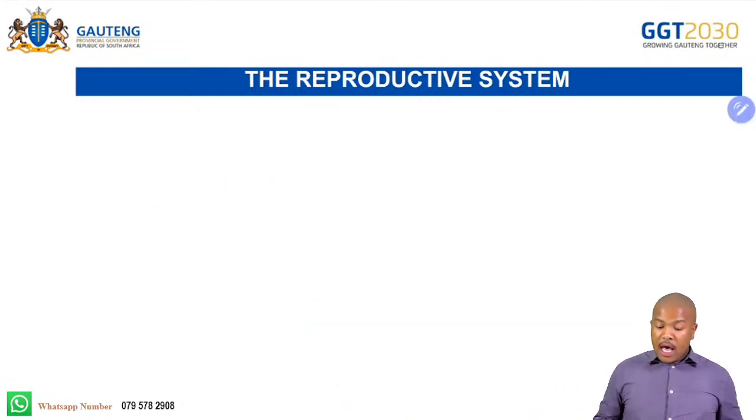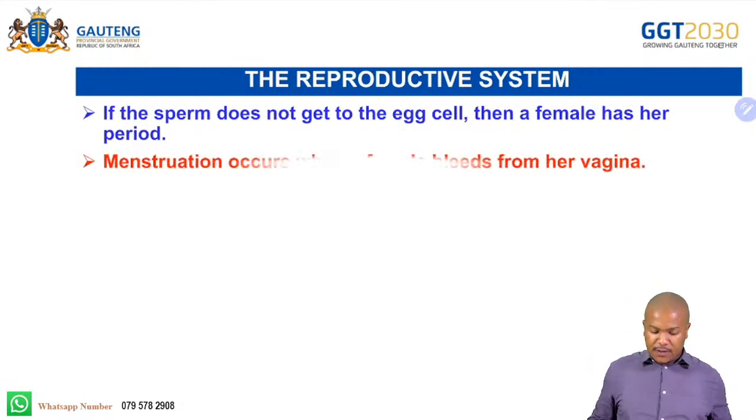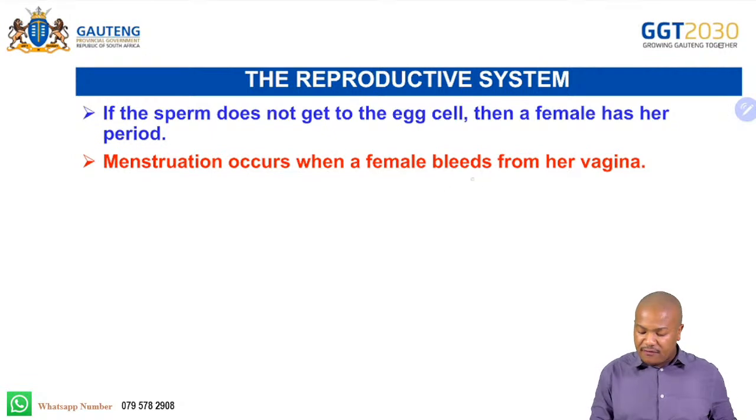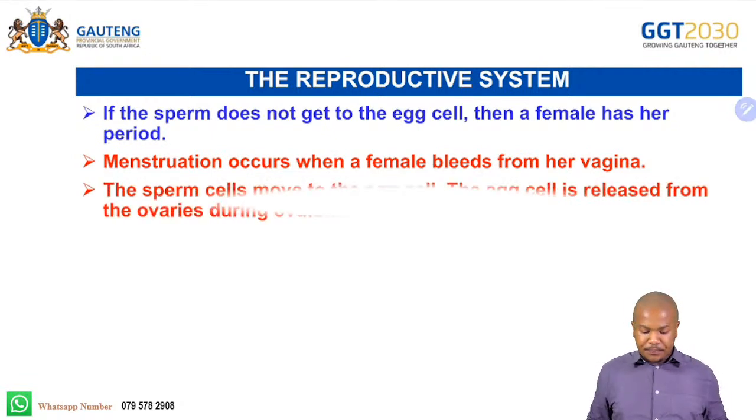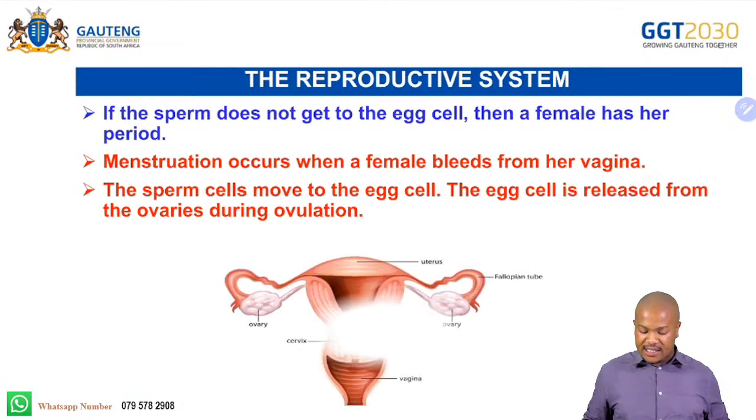Therefore, if the sperm cell does not get to the egg cell, then a female has her periods. So menstruation occurs when a female bleeds from her vagina, and the sperm cells move to the egg cell, and the egg cells are released from the ovaries during ovulation, as I've said.